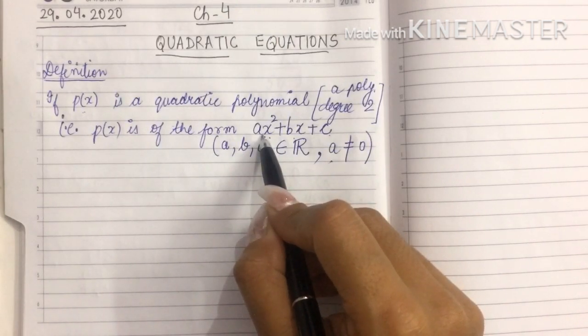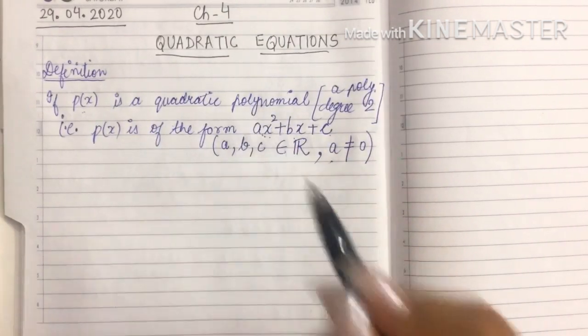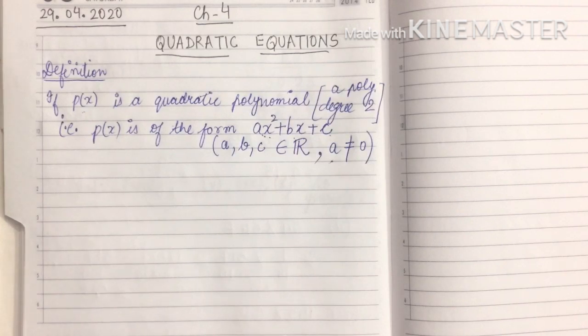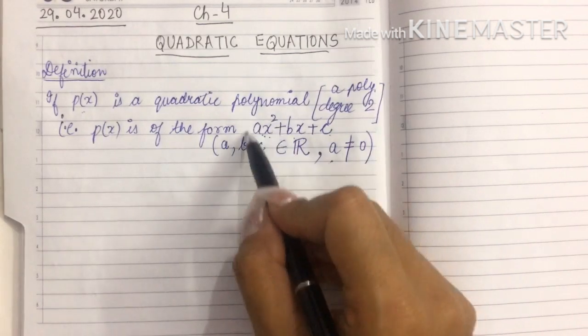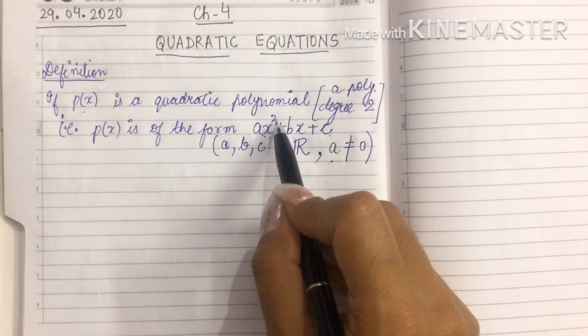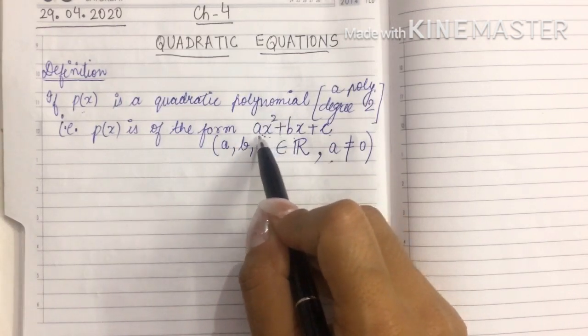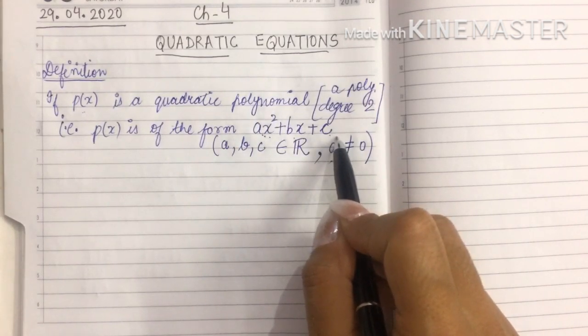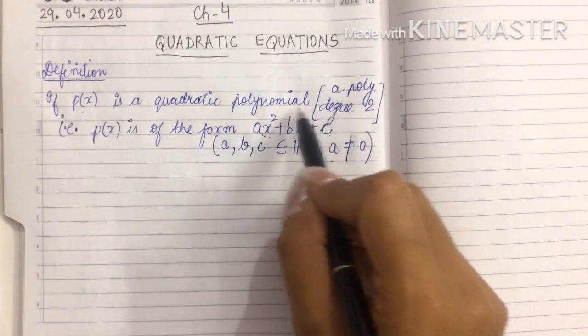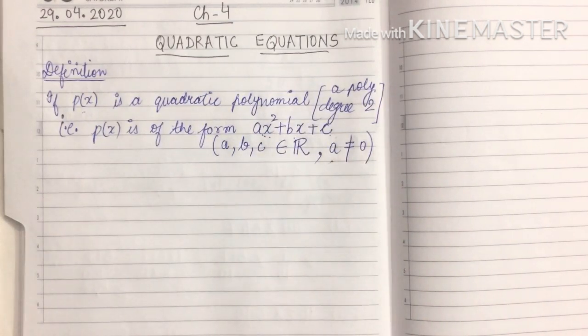If a becomes 0, then the term with x² will be eliminated. This term will vanish, and if this term vanishes, we don't have a quadratic polynomial anymore. It will be just a linear polynomial. So it is important that a is not equal to 0. The leading coefficient cannot be 0. And it can take any value, any real number.